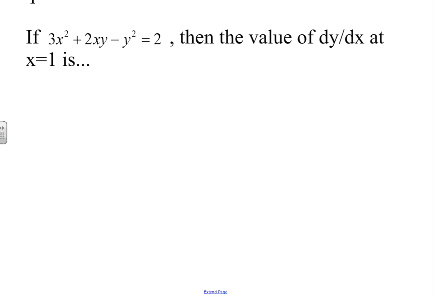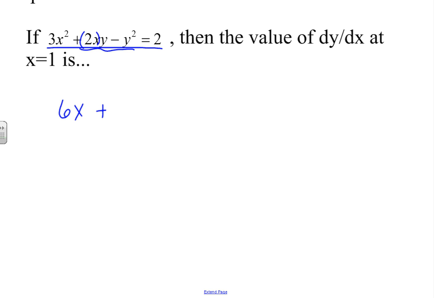Last one, implicit differentiation is used or useful when I have an equation that has an intermixing of x and y variables, making it quite difficult here to solve for just y. So probably better, let's just try to use the technique of implicit differentiation. So I'd have 6x, but I don't really need to write down dx/dx.